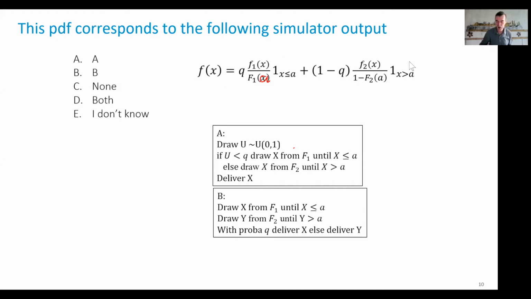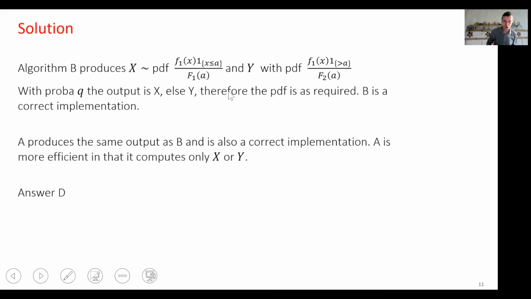So if we have this PDF, and if we look at algorithm A, what is B, let's say first, what is B producing? Well, B produces first a sample, call it X, of the PDF that is given here. That is what we call rejection sampling.